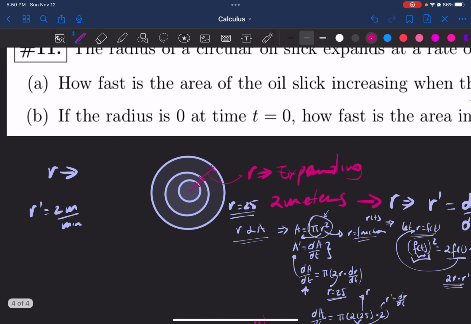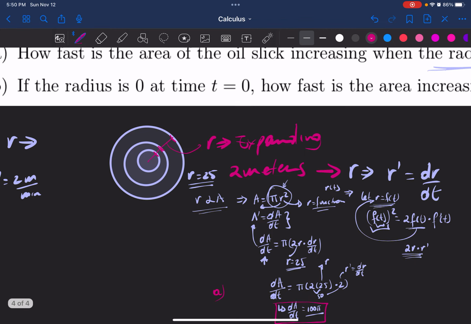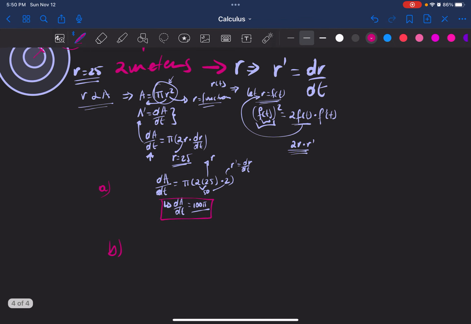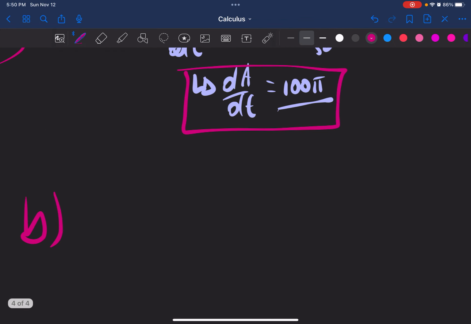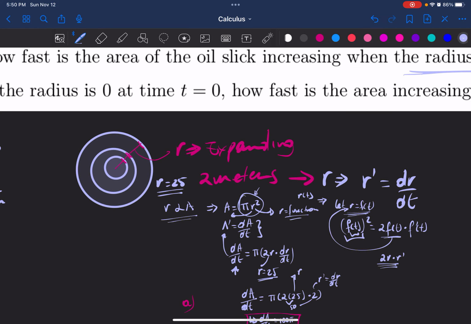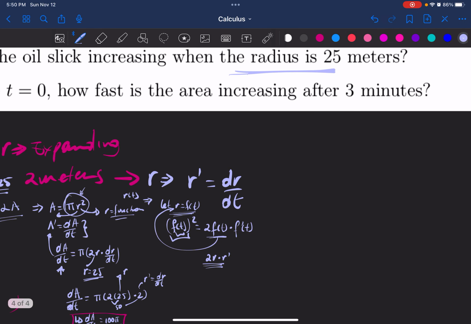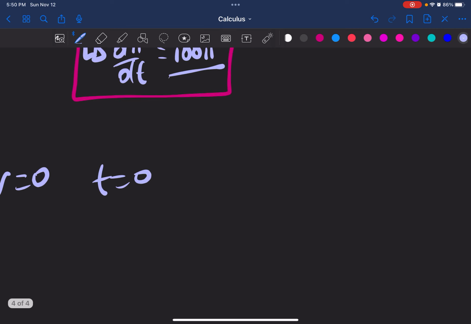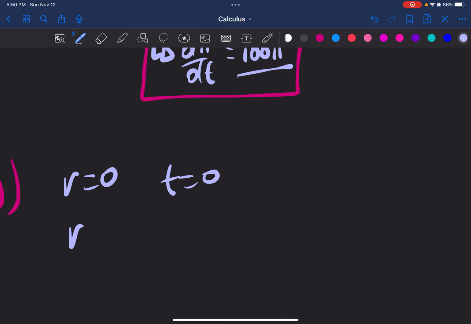My question for B is, if r is equal to 0 when t is equal to 0, that's the first thing I have. How fast is the area increasing after 3 minutes? So after 3 minutes, what will my r be?